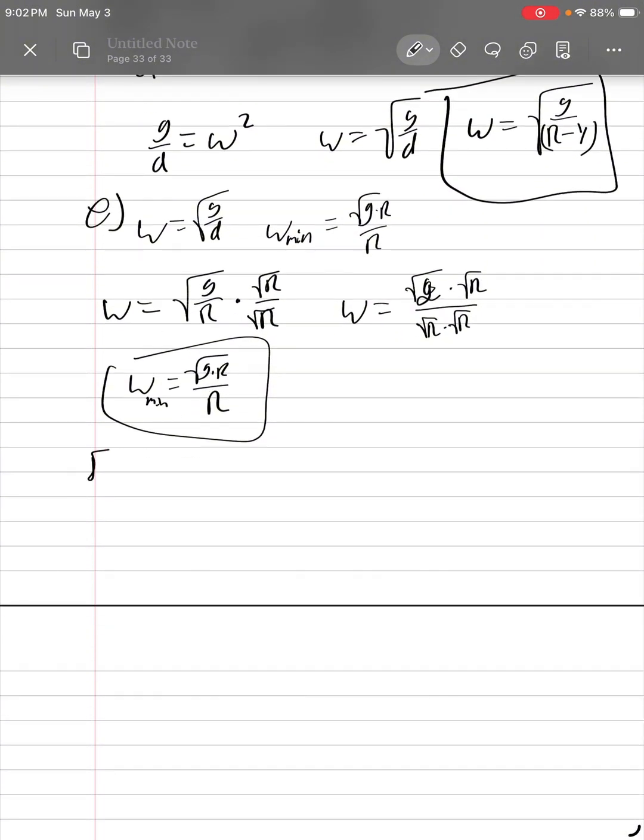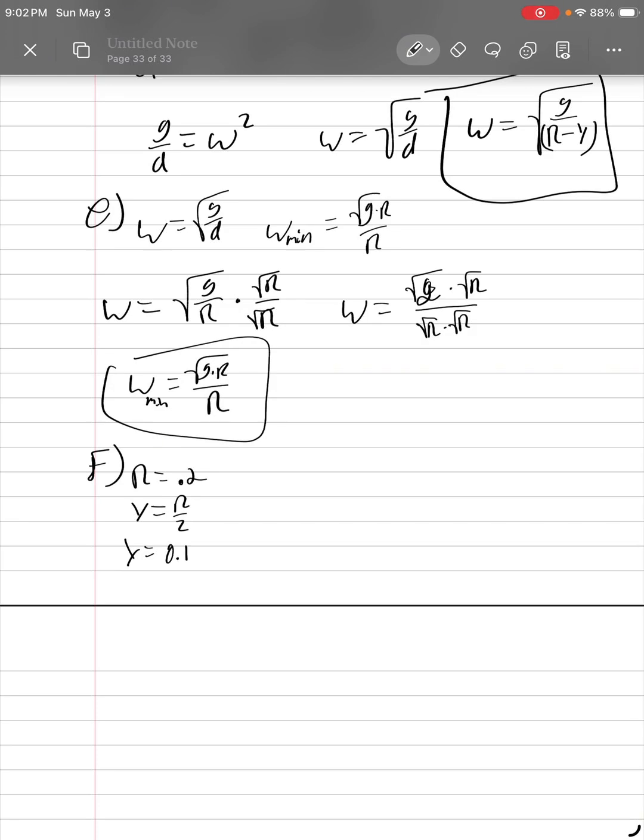Now for part F, we know that R is equal to 0.2. y is equal to R over 2, which means y is equal to 0.1, as that's just 0.2 divided by 2.